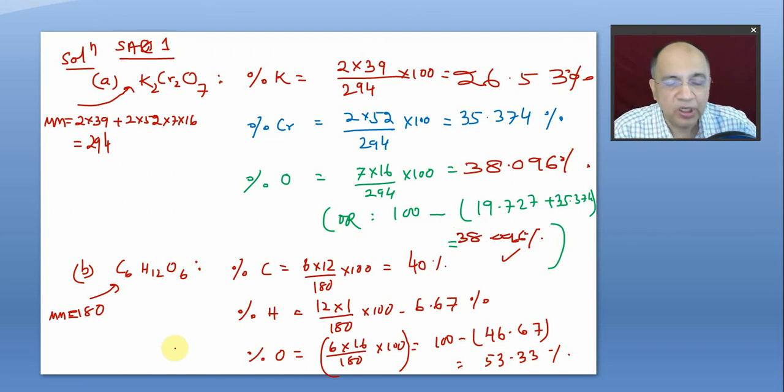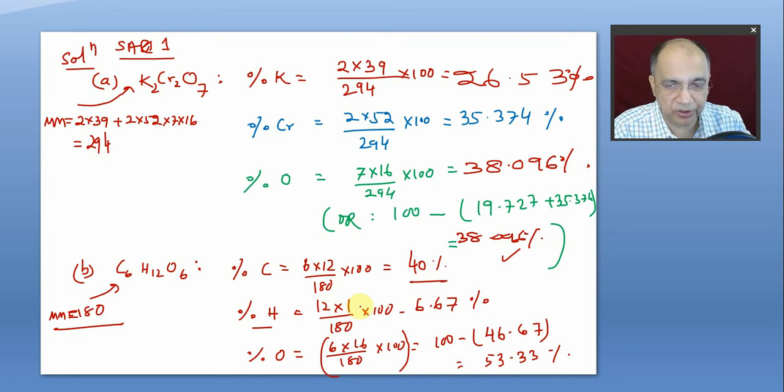Similarly, you can do for glucose. The molecular mass of glucose is 180 and there are 6 carbon atoms. So 12 sixes are 72 grams of carbon present in 180 grams. So 100 grams will be containing what mass of carbon? That is the mass percent composition. Hydrogen, there are 12 hydrogen.